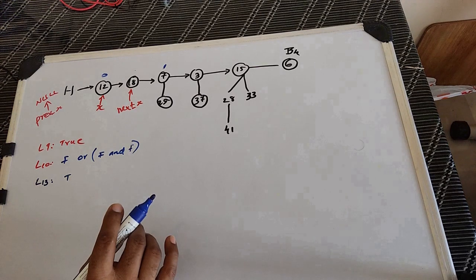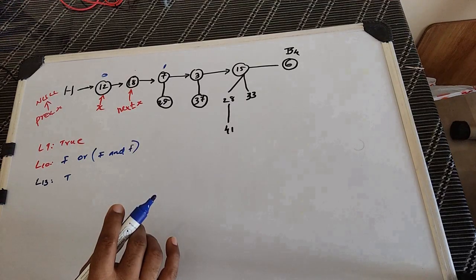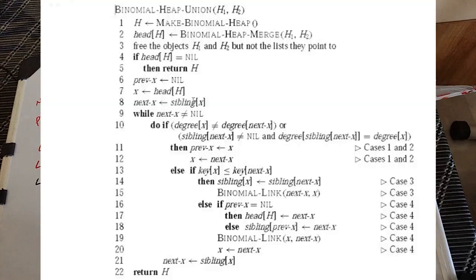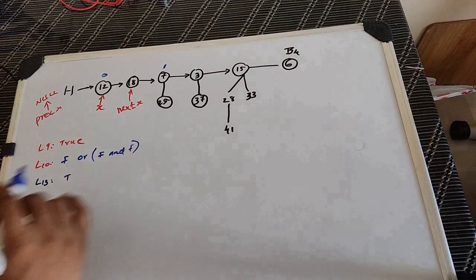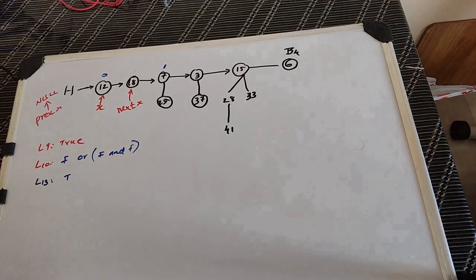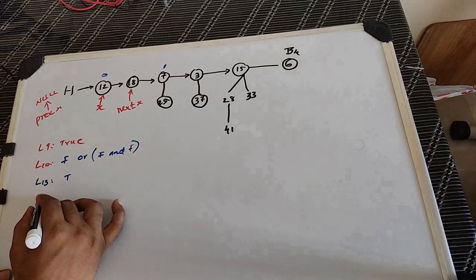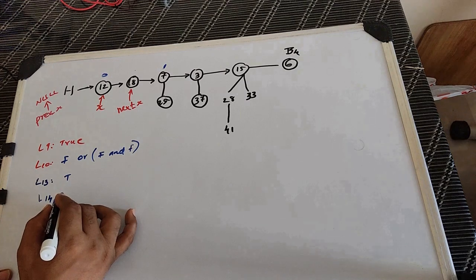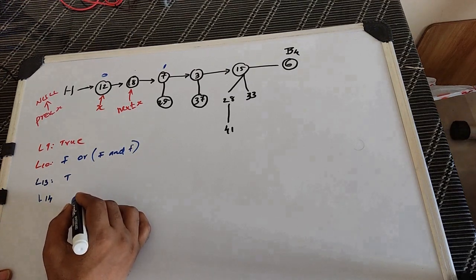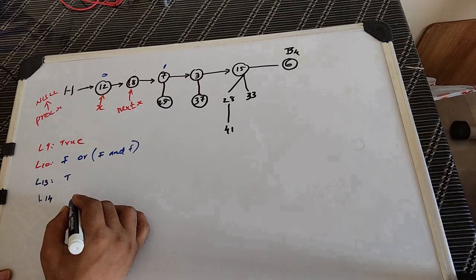Then we have to do sibling of x equal to sibling of next x. L14 will work: L14 will do sibling of x equal to sibling of next x.